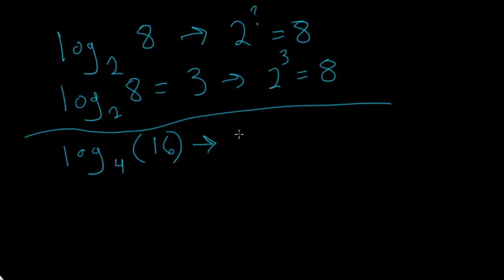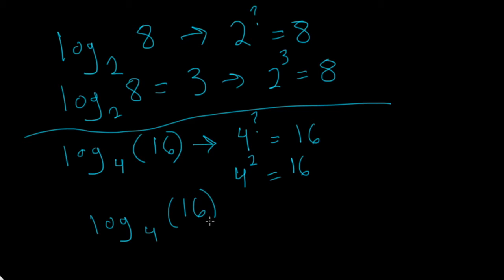So this means we're going to have 4 to the something power is equal to 16. Of course, we know that 4 squared is equal to 16, meaning that log base 4 of 16 is simply 2. And that would be your answer. So that is our basic form with logs.